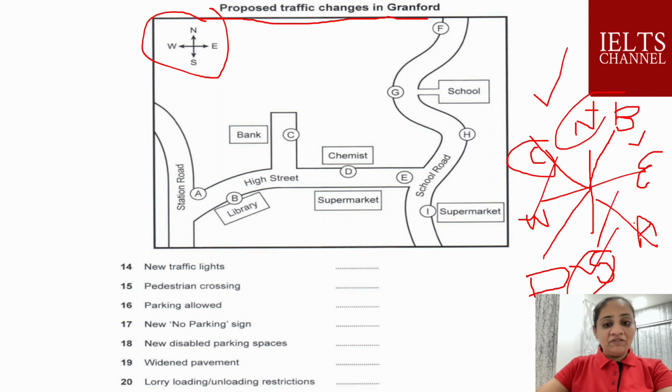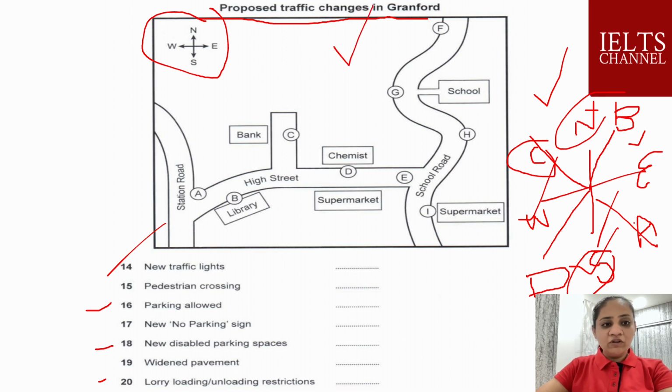Okay, afterwards, which questions do we have to solve? So let's see, 14, 15, 16, 17, 18, 19, 20. Questions 14 to 20 are given, and locations A to I are given in the map.